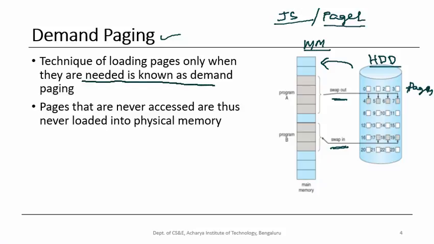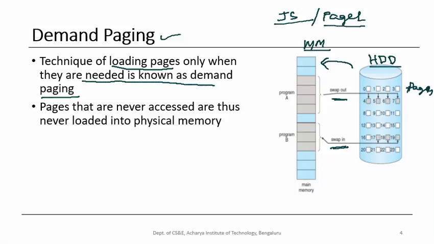This method is known as demand paging. I'll repeat, the technique of loading the pages only when they are needed is known as demand paging. This is the approach used in realizing the concept of virtual memory.